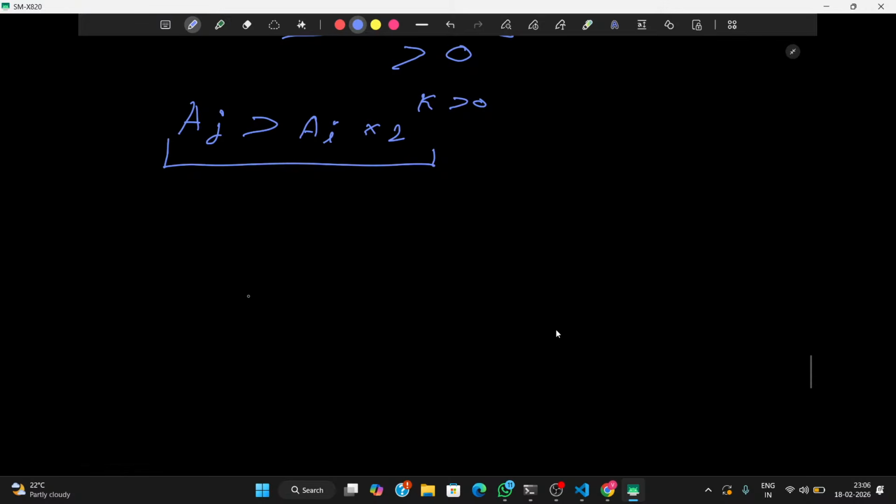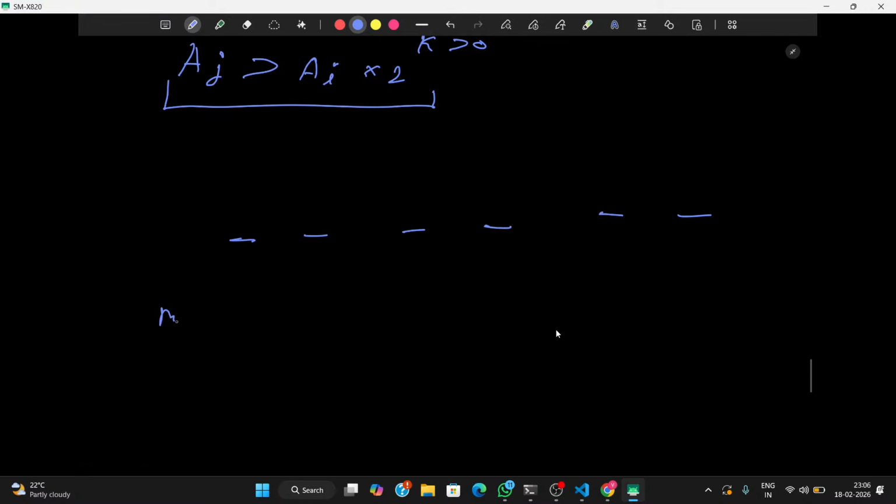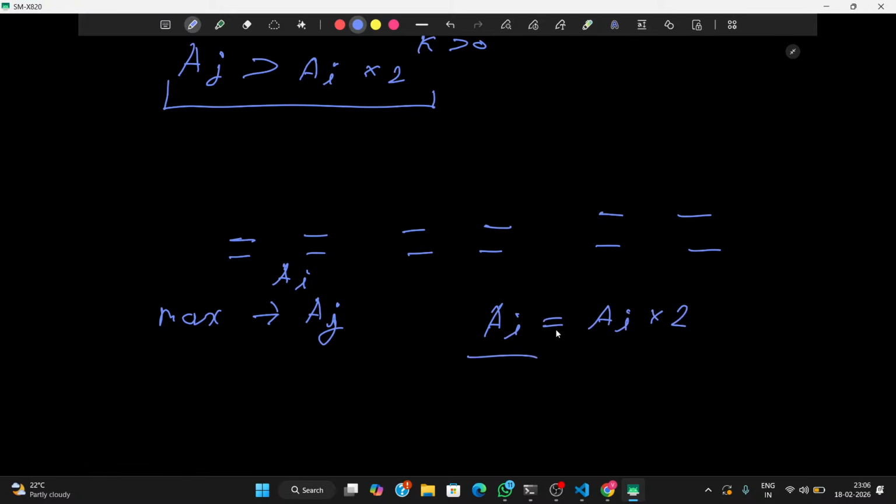Now another thing is that we were given an array, right? What we have done till now is we found the max element, some aj, let's say. And we took every element of this array and multiplied it by 2: ai is equal to ai into 2, while ai into 2 will be less than or equal to aj.